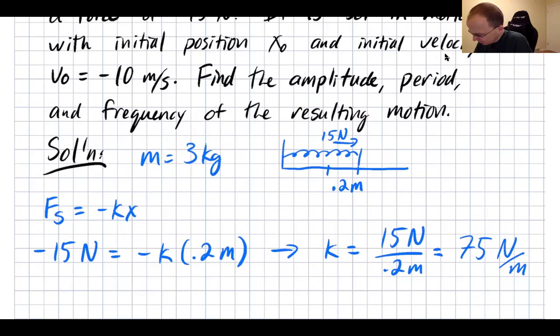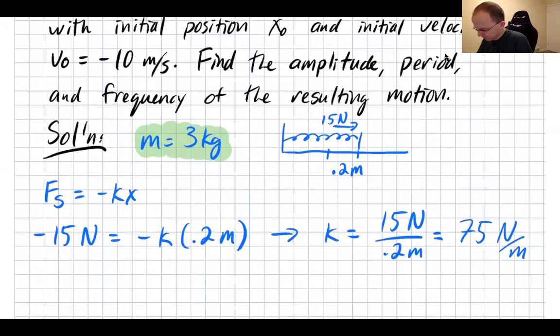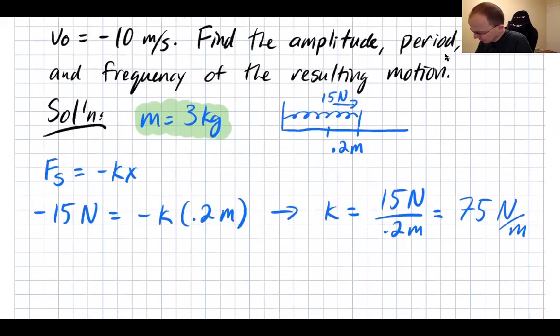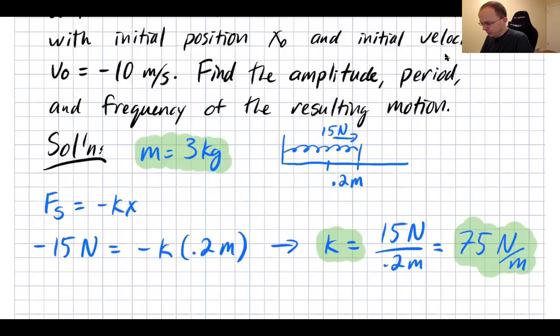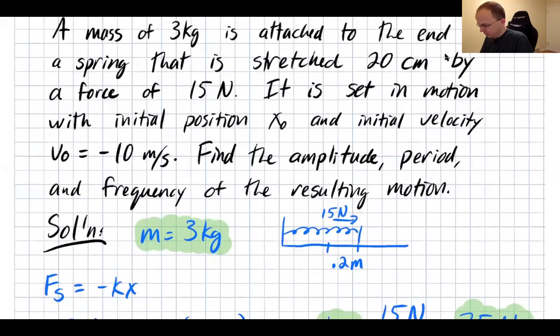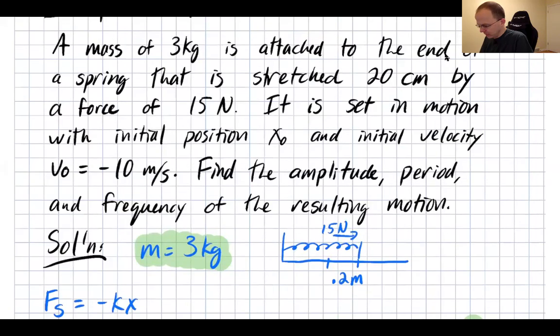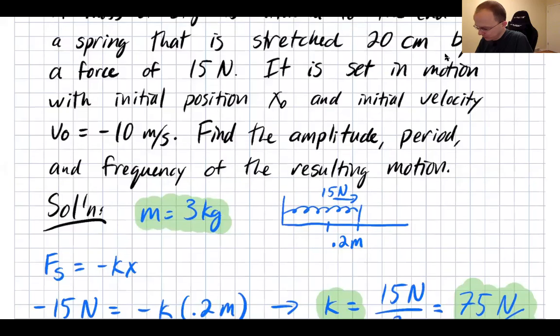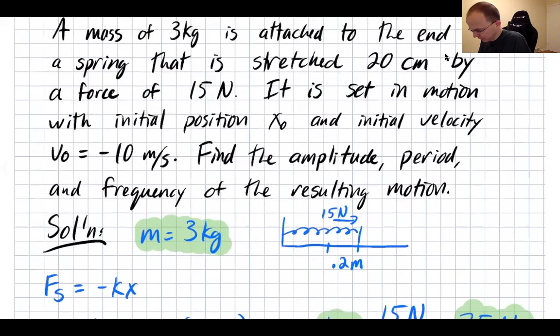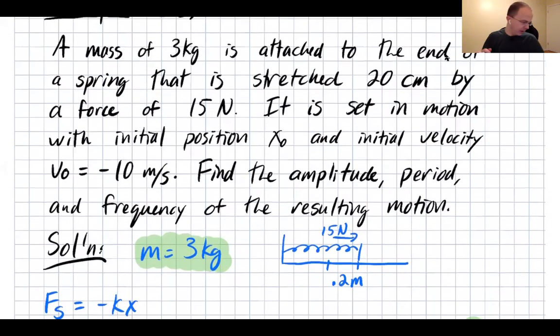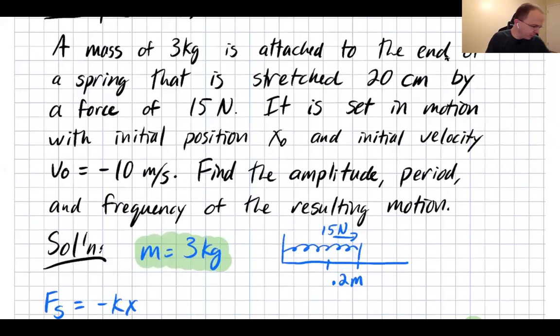Okay, so let's just highlight the things that we have. So there's the mass. Here is the value of k. And we know that we are doing undamped motion, and so we're going to have c is equal to 0. This is example number 3 from the book.